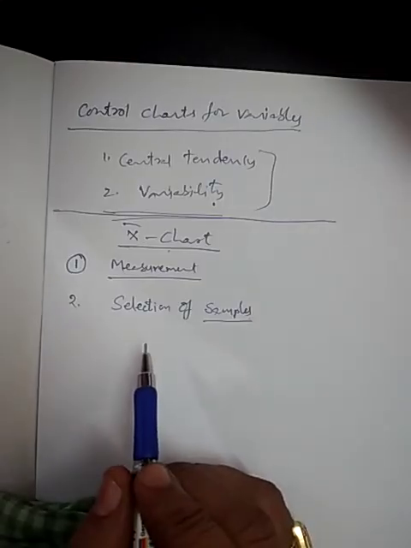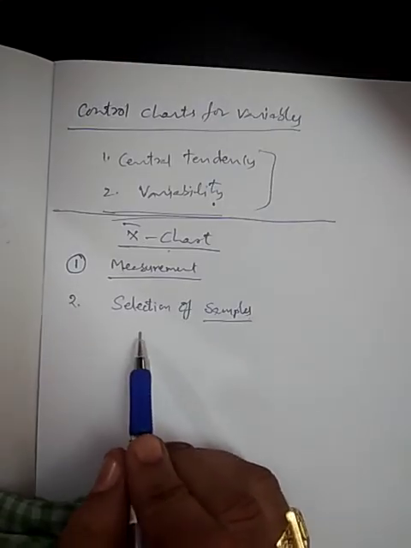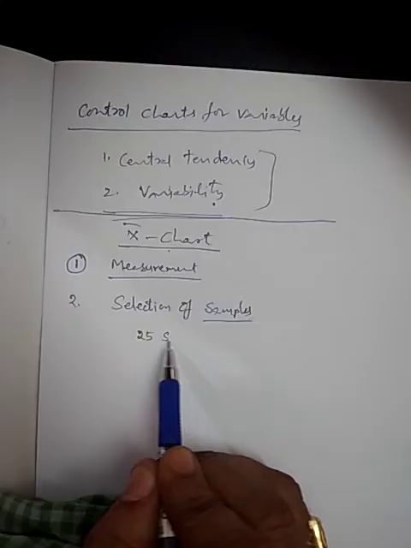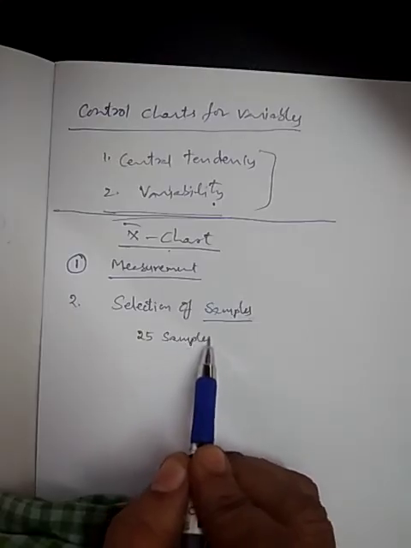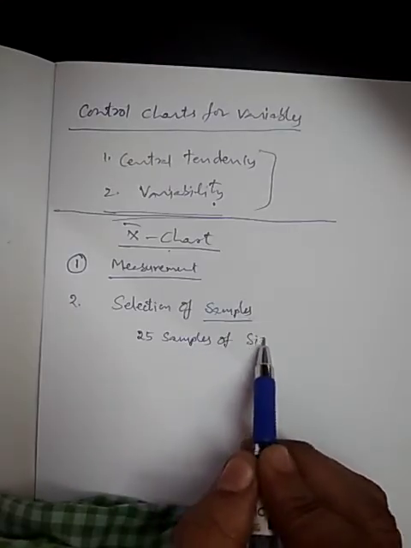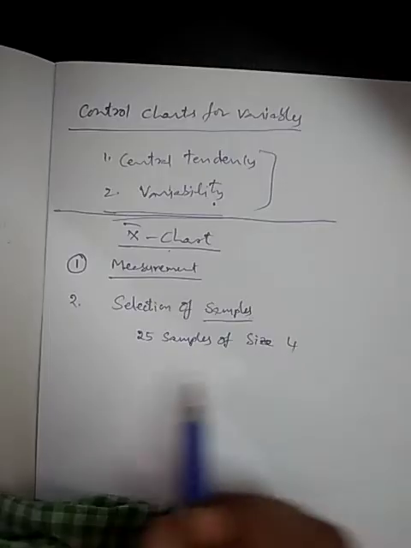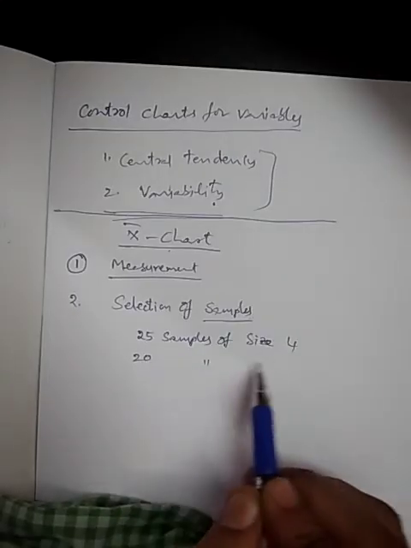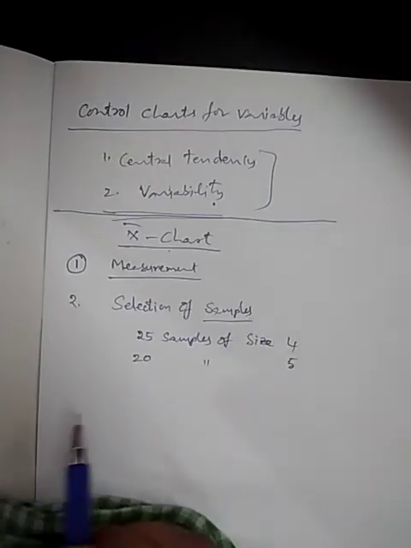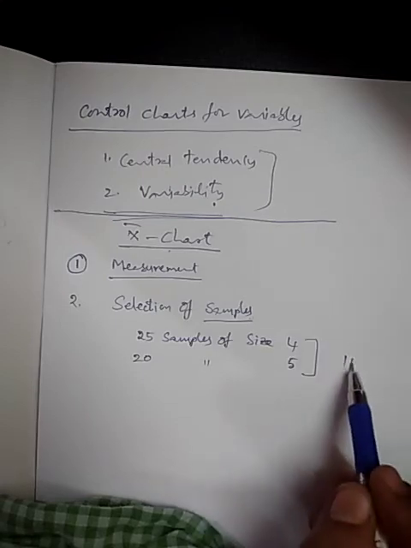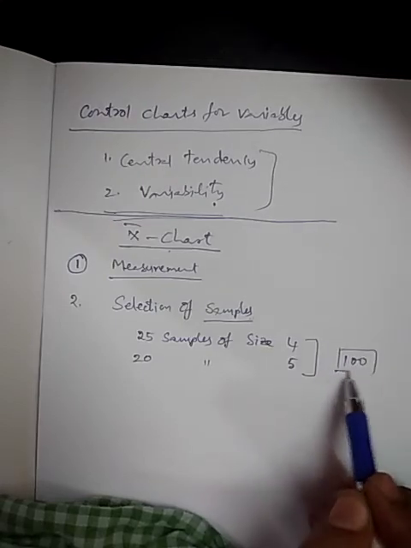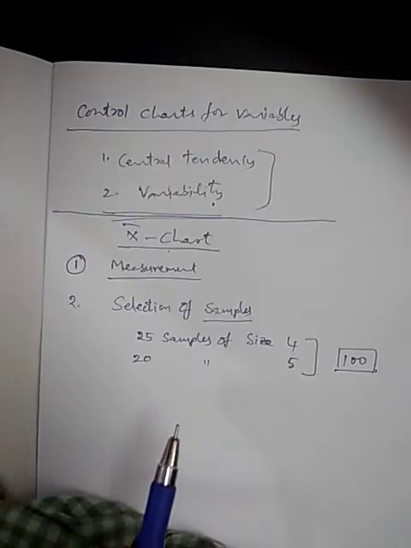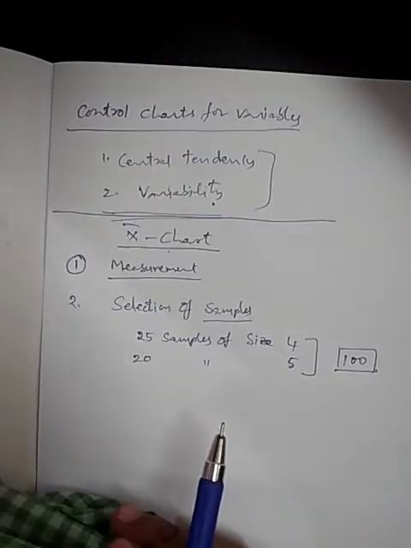Usually, in general, we consider 25 samples of size 4 or 20 samples of size 5, which means we get 100 sample units. This was usually done previously because it is a very simple consideration for calculations.